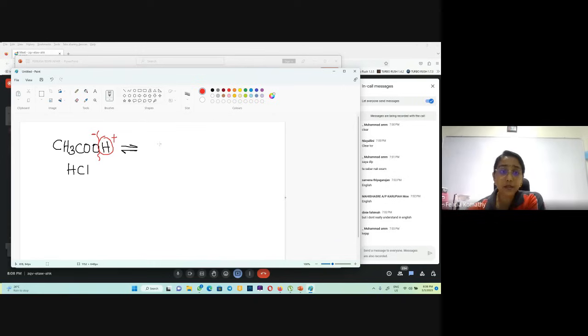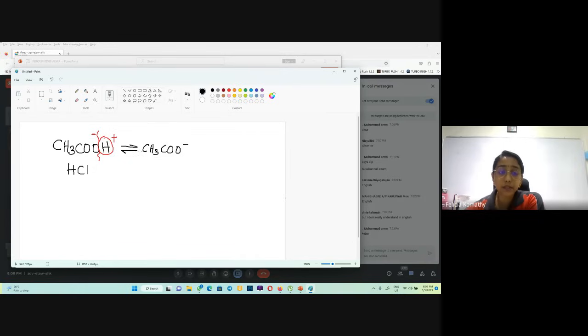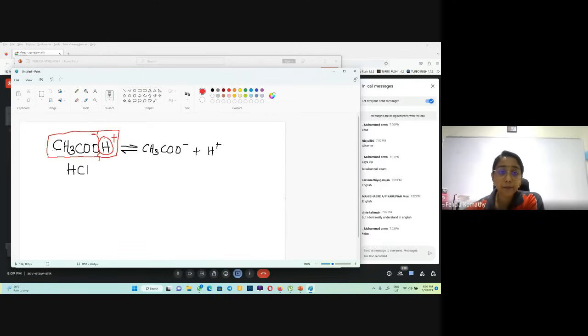So the product of ionization is CH3COO, the whole thing negative, and the hydrogen ion will be here. As you can see, one molecule of the acid produces 1 mole of hydrogen ion. That's why it's called a monoprotic acid, but it's a weak monoprotic acid.